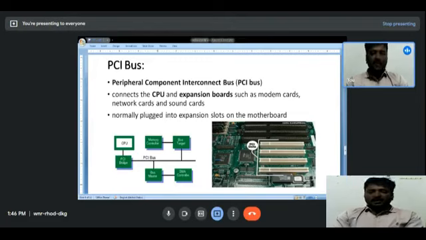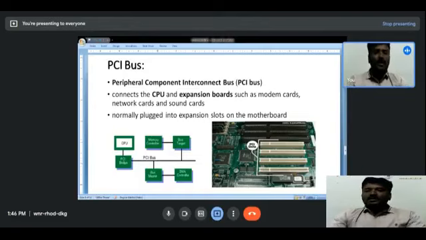You can see in the diagram that the CPU is connected with the PCI bridge. By using the PCI bus, the bus master and the DMA controller, that is the direct memory access controller, give the way for connecting the PCI buses with the CPU through the PCI bridge.